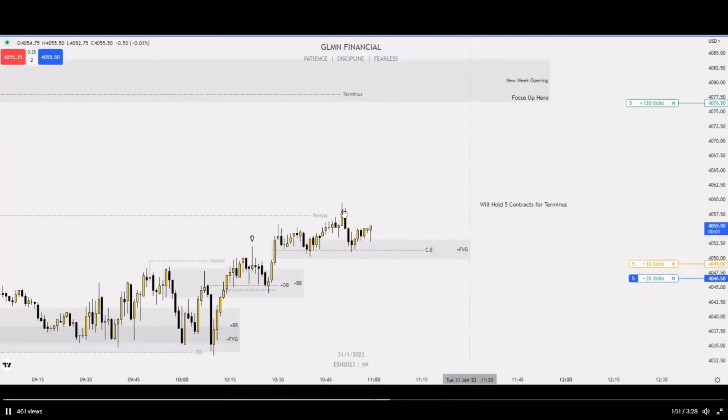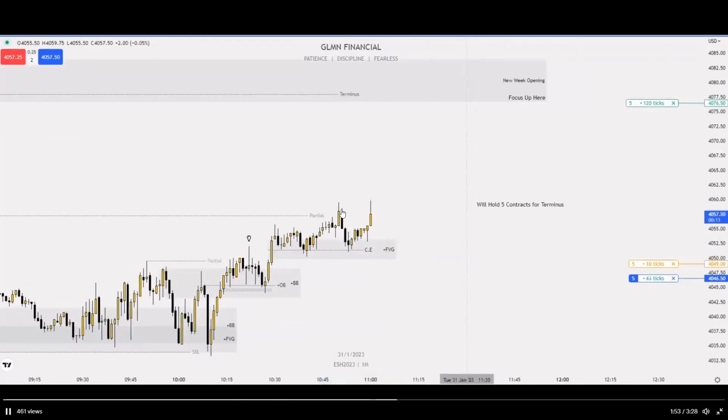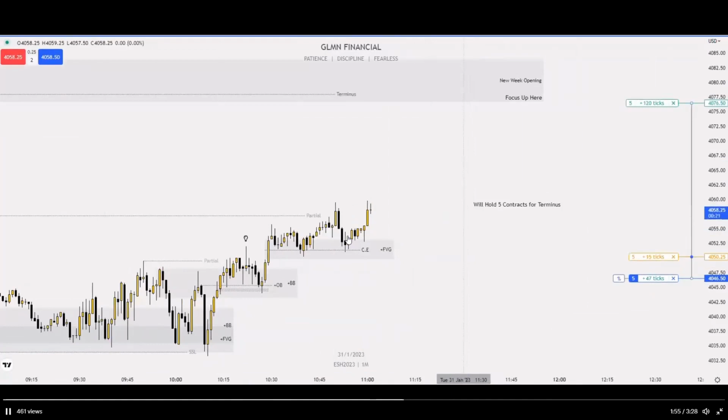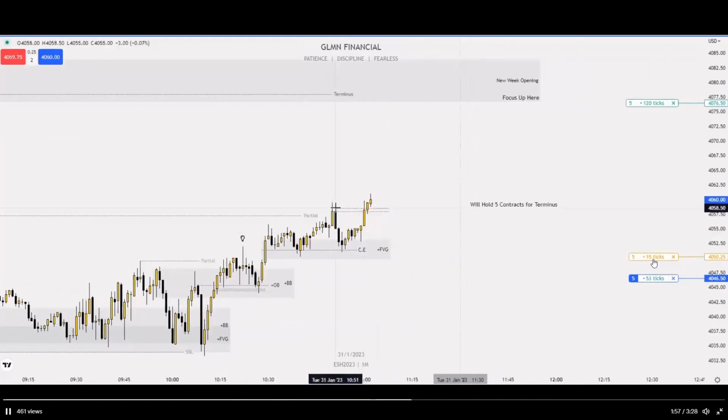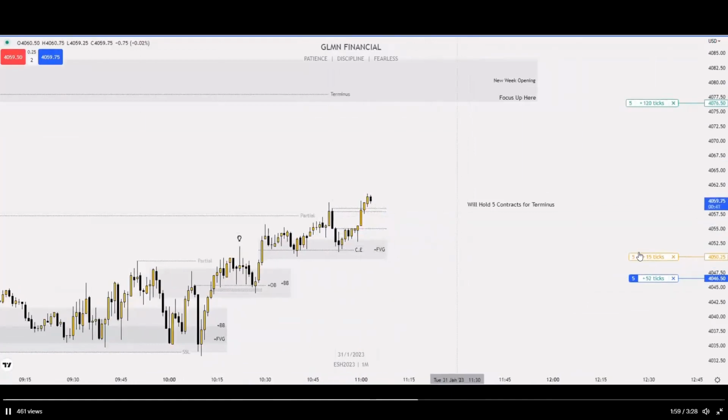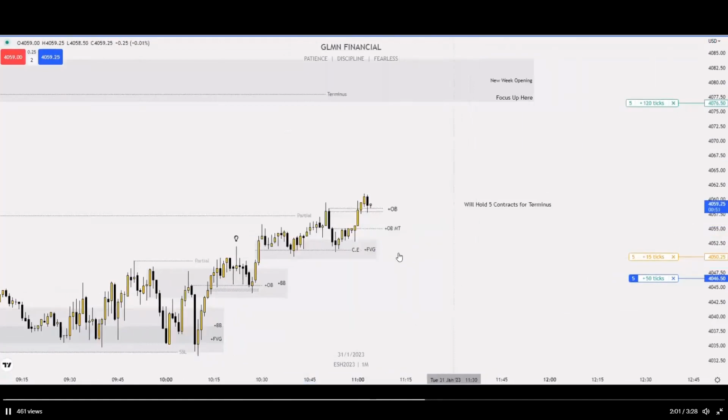I'm wanting to see price trade above this level, and now I want to see these 3 candles act as support. I now move it to the midpoint of the free value gap now that we've pressed away. I'm identifying this as the mean threshold. My stop loss is now at the consequent encroachment of this free value gap, as we traded into it and then away and broke the high, as well as displacement. So I've got the displacement as a cushion and the mean threshold of the order block as a cushion.